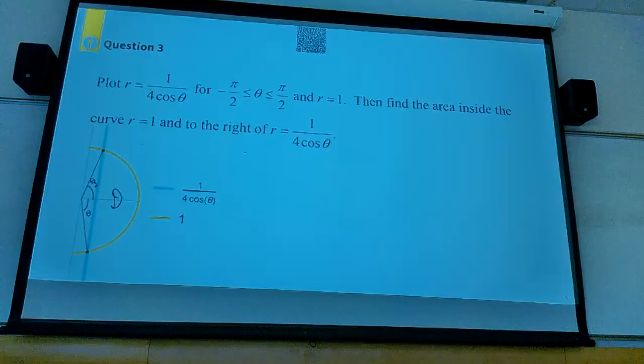Just find those angles of intersection. Oh, I'm sorry, not secant, but cosine. So where's cosine equal to a quarter?